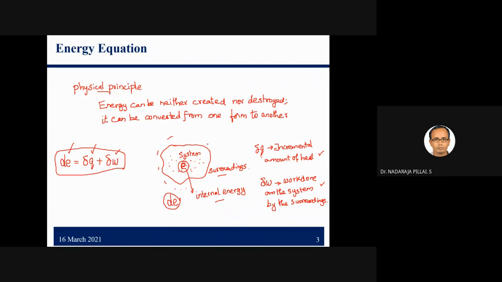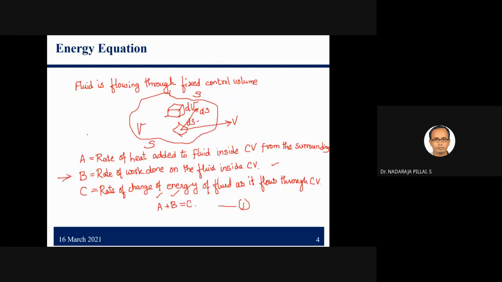I have considered the system and its surroundings, and inside the system there are various atoms and molecules. del Q is the incremental amount of heat, and when it is added to the system, there is a work done del W. Because of the heat and the work done, there is a change in internal energy. That is the law of conservation of energy.